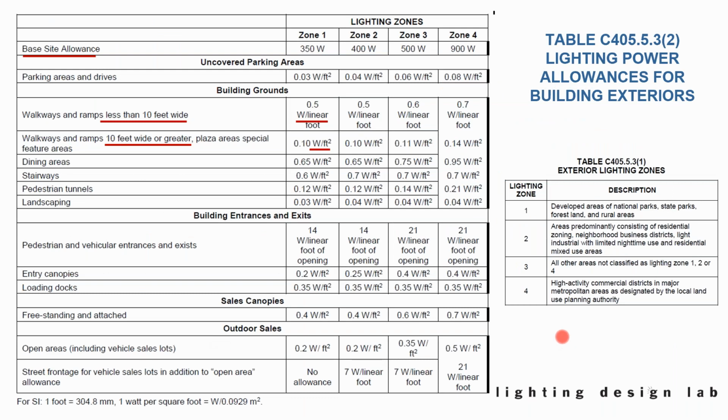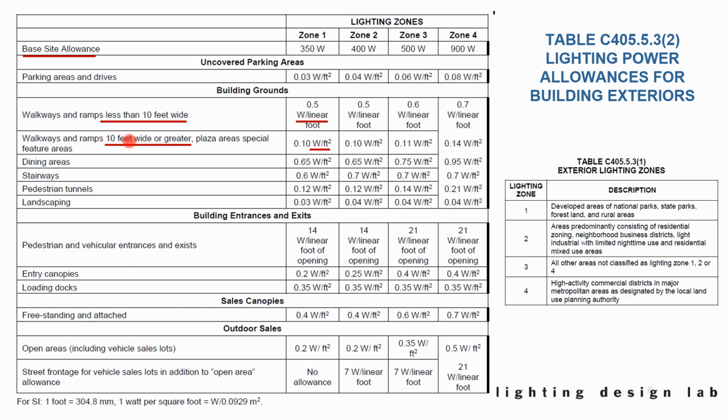So what we do is, depending on what your zone is, you get a base site allowance. So if you're zone 2, you get 400 watts to do with whatever you want. And then after that, for parking areas, you get 0.04 watts per square foot. Walkways, this gets a little interesting. Walkways and ramps less than 10 feet wide, you get watts per linear foot.